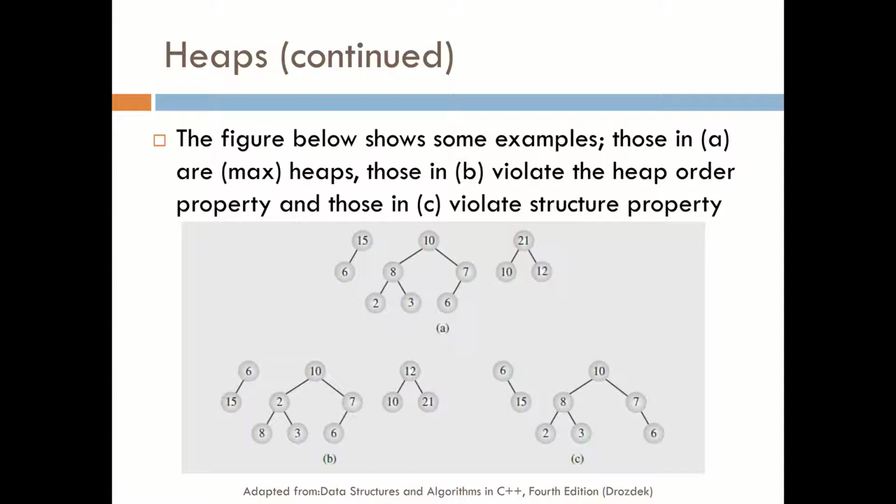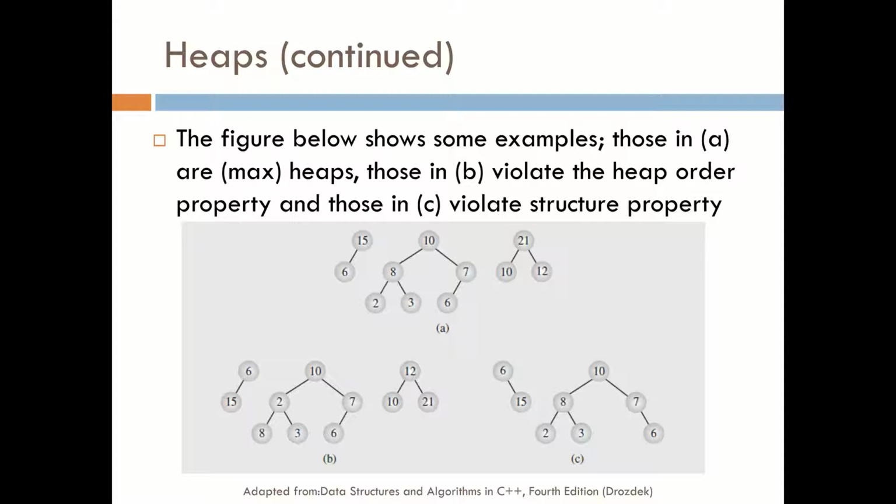Now let's take a look at B. When we look at B from the perspective of a max heap, the leftmost tree is in fact not a max heap because 15 is greater than 6, but it is now 6's child. The second one also violates the heap order property with respect to 2 being less than 8 and 3.